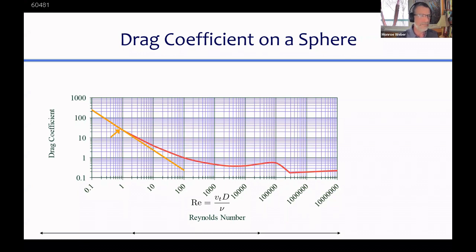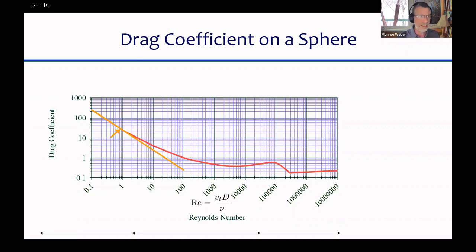So yes, it's describing exactly the same thing as flow through a pipe. It's just that this time it's flow around the sphere. So the geometry is a little bit different, but in both cases it's flow, and the laminar and turbulent makes a big difference.